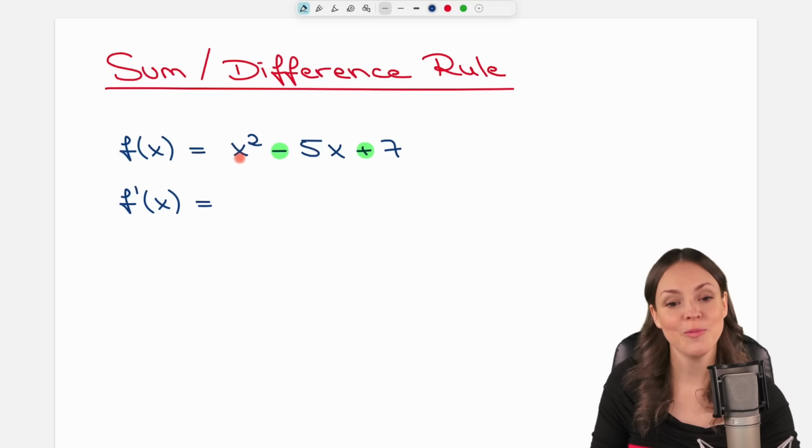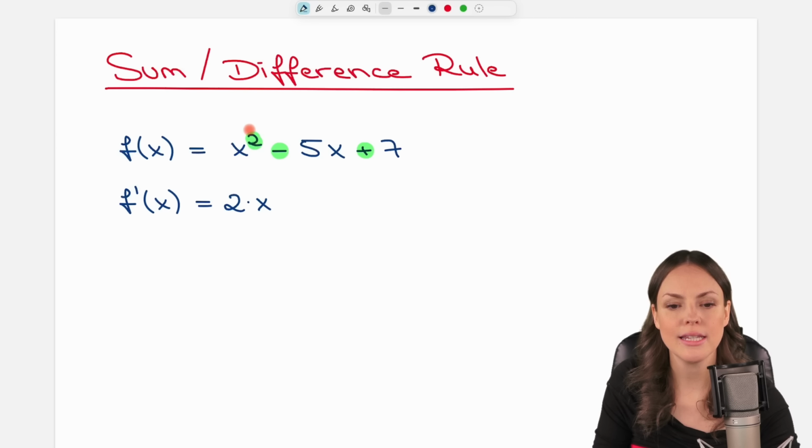So let's start here. x to the power of 2, this is a power, so we take the 2, write it in front, and decrease the exponent by 1. 2 minus 1 equals 1. We don't have to write down a power of 1, so we can just write it like this. So 2x is the derivative of x to the power of 2. Then we write down the minus, and now we just take care of the second part. Here we have 5 times x, so we know, okay, the 5 is a factor.